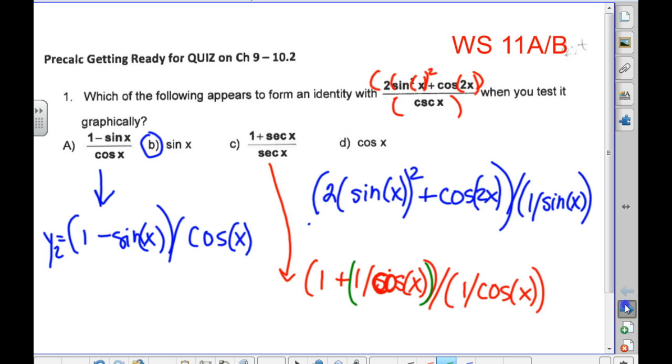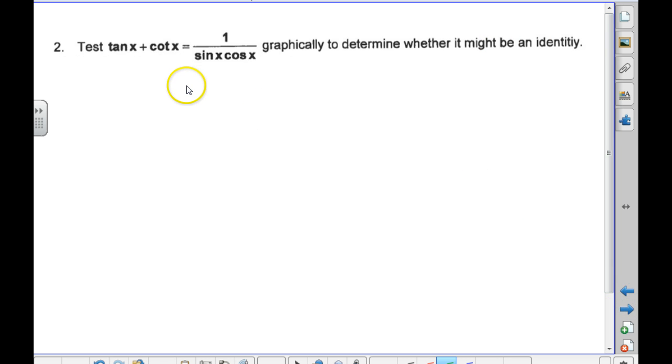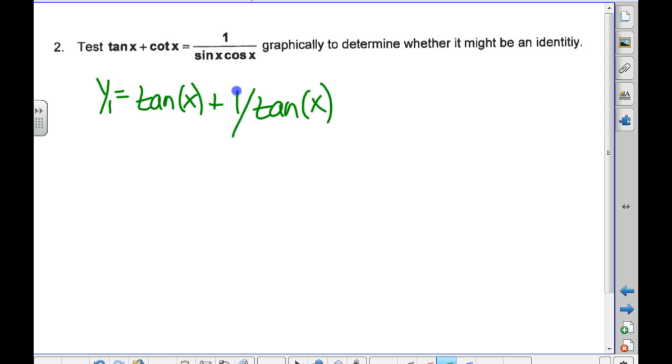All right, problem number 2. It says test to determine whether it might be an identity. Again, we're just going to graph. In y sub 1 we're going to graph the tangent of x plus 1 divided by the tangent of x, which is the cotangent.